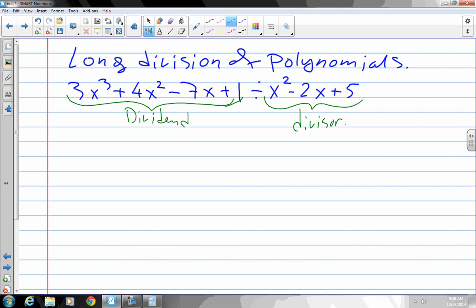Now we can make a little prediction about what's going to happen here. We are dividing a cubic polynomial, that's what this is called, by a quadratic polynomial. Now take a guess. If you're dividing a cubic by a quadratic, what kind of quotient are you going to get?